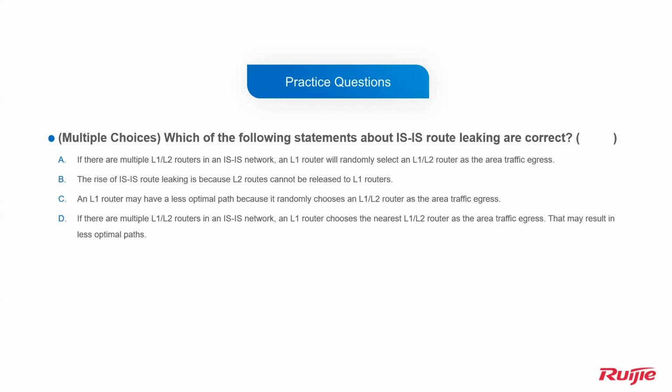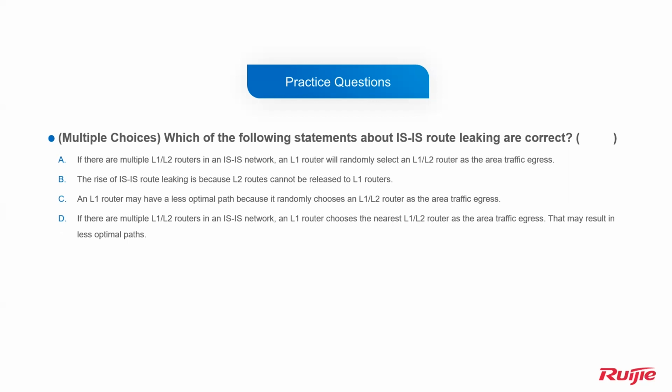So this is incorrect, right? We will choose the nearest level 1 and level 2 router to become the egress router.